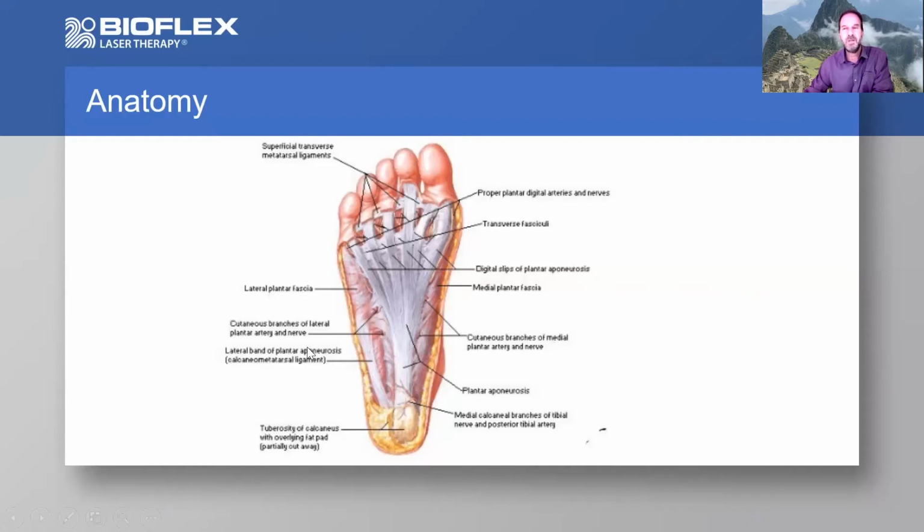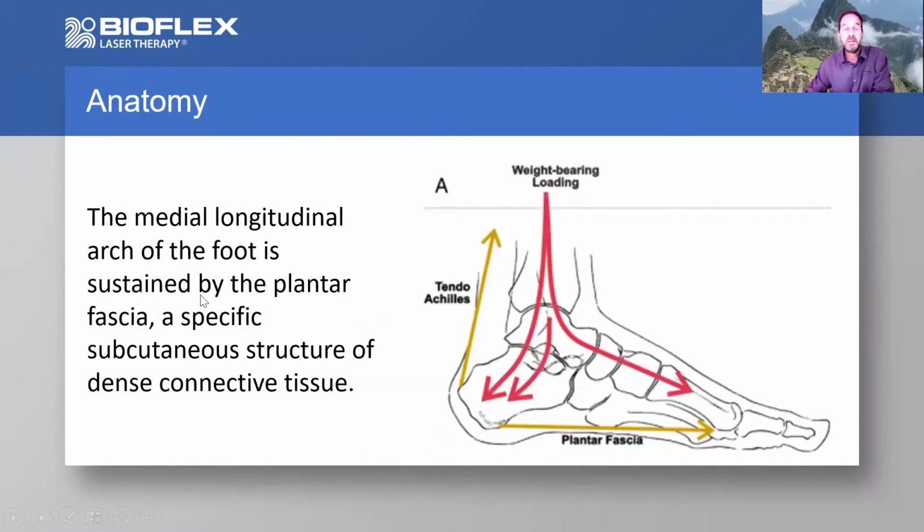So it tends not to be an acute inflammatory scenario, although there can be acute inflammation, but it's not really the case. The arch itself, there are two arches in the foot, as I'm sure you're aware. There's a medial longitudinal and a transverse arch. You need both of them.